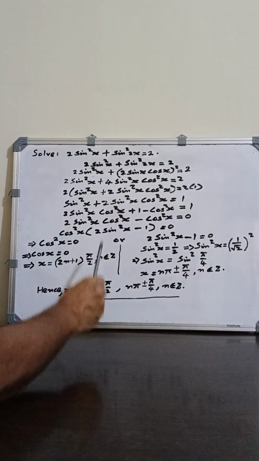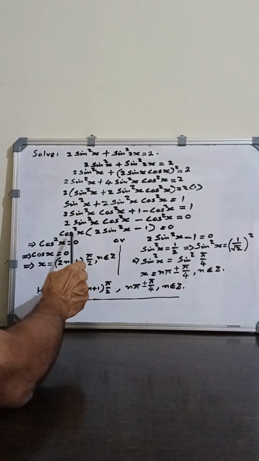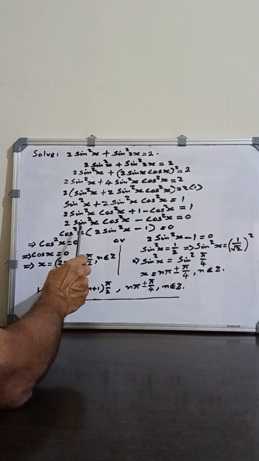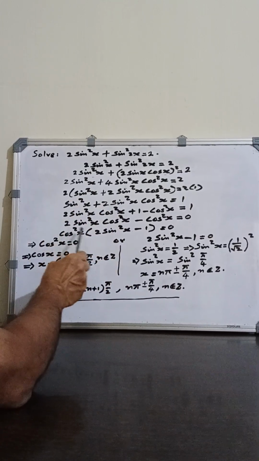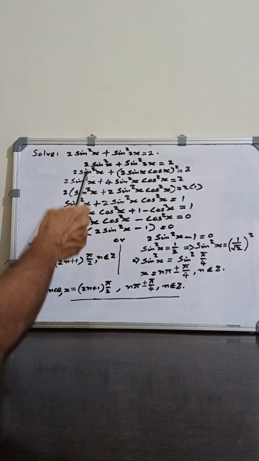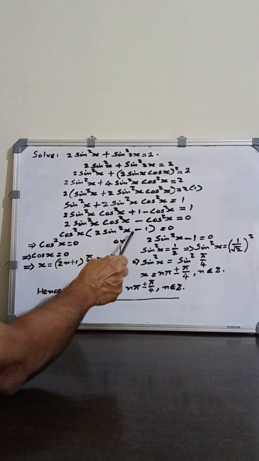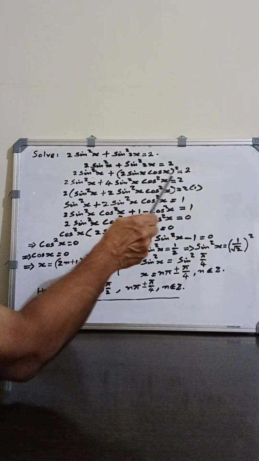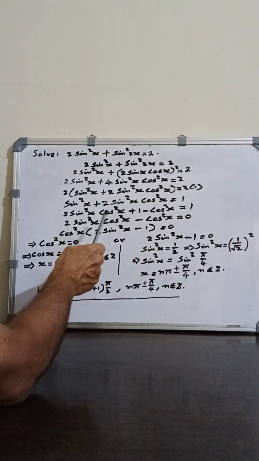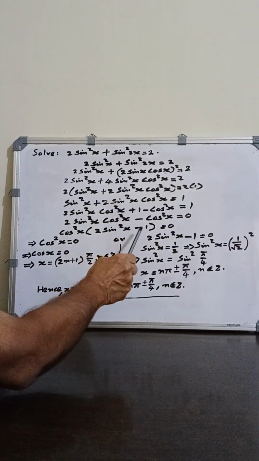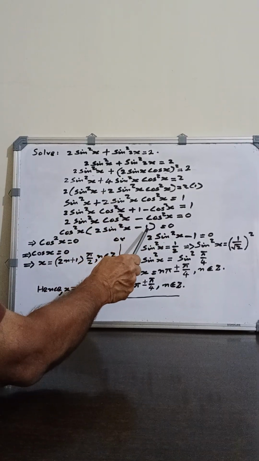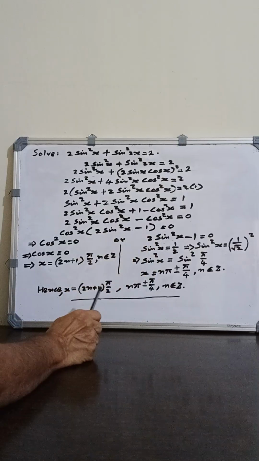Thus, I reduced this equation to the product of two trigonometric terms: cos squared x as the first term and 2 sine squared x minus 1 as the second term.